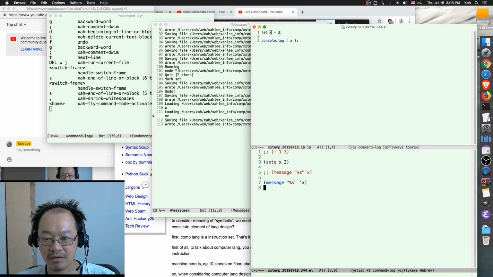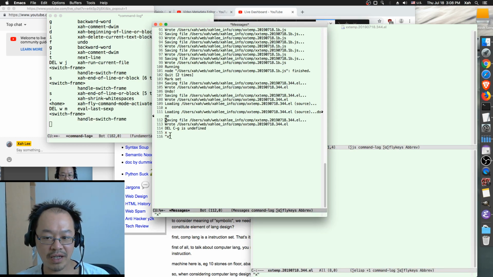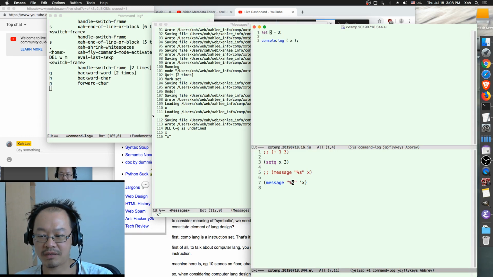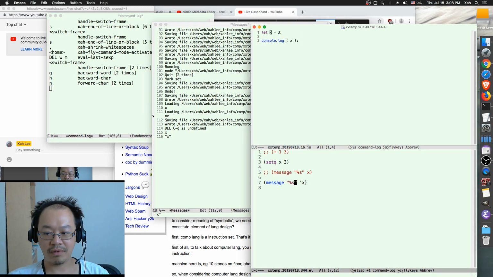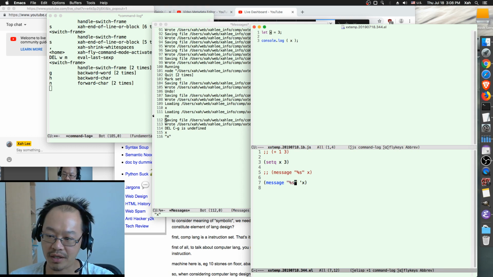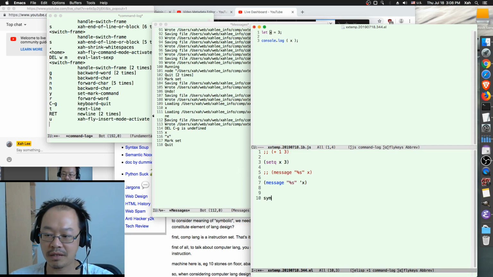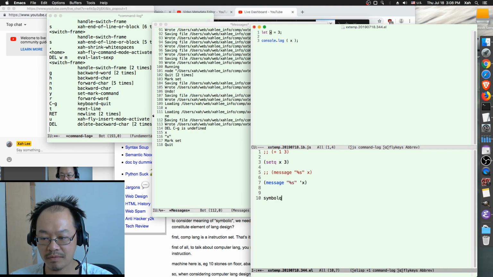Message. Okay, evaluate this line. You got a string x. But this thing is a symbol. Let's see, symbol, quote x.